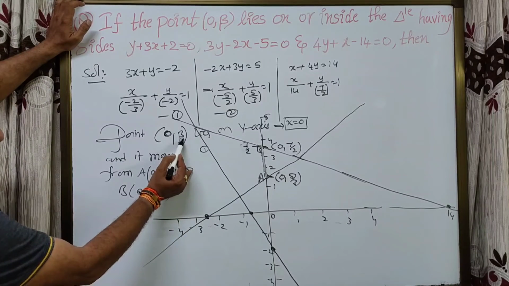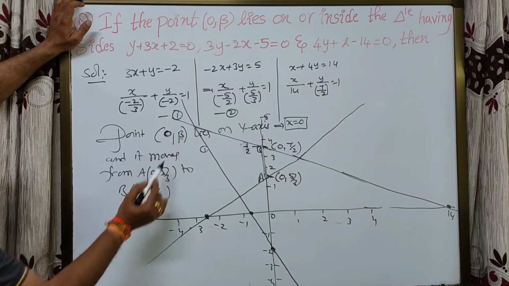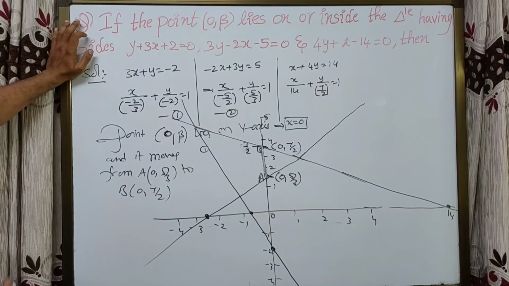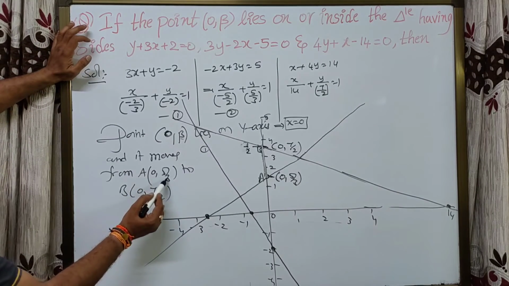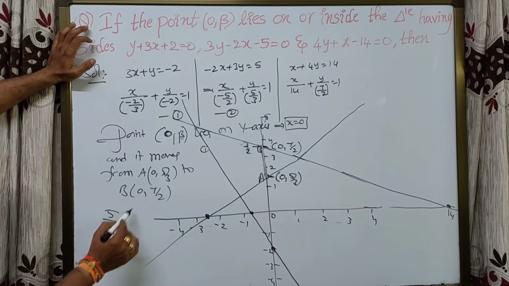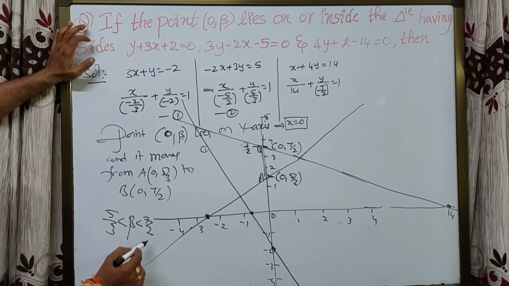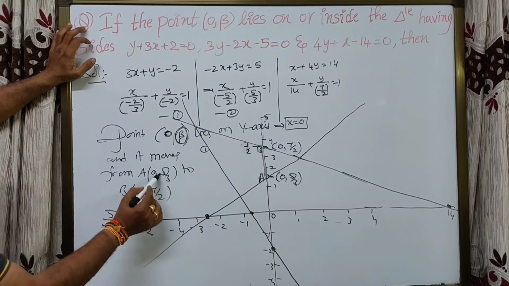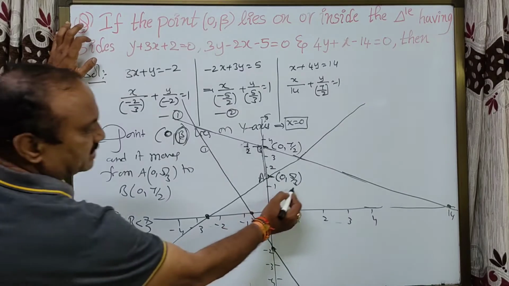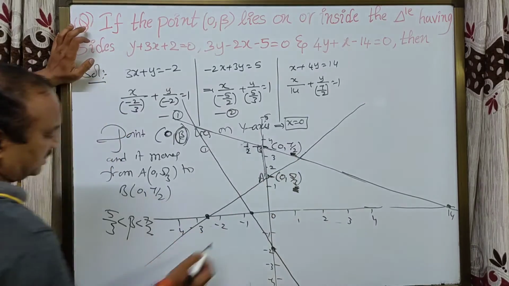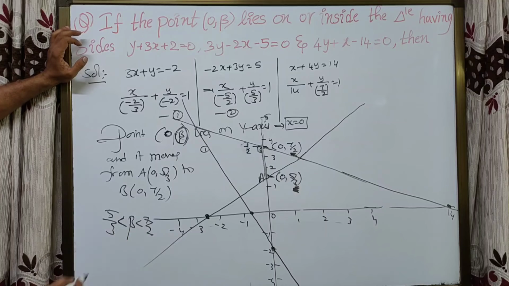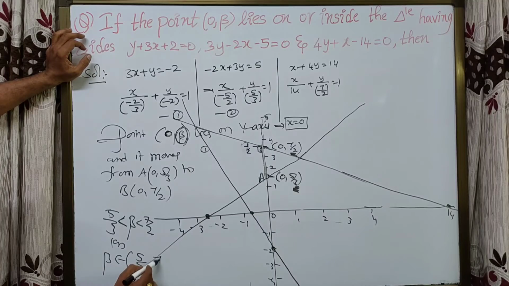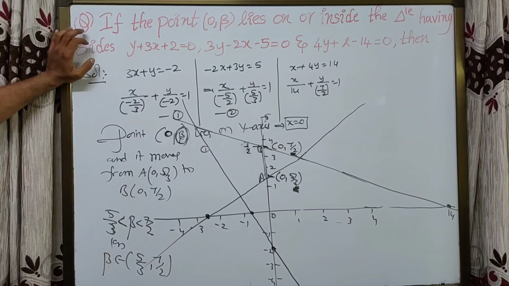Here beta is in place of the y coordinate. The y coordinates are 7/2 and 5/3. Which one is big, which one is less? 5/3 is less, so 5/3 less than beta less than 7/2. 5/3 is the least, 7/2 is the highest. We may write it as beta belongs to (5/3, 7/2). This is very, very important.